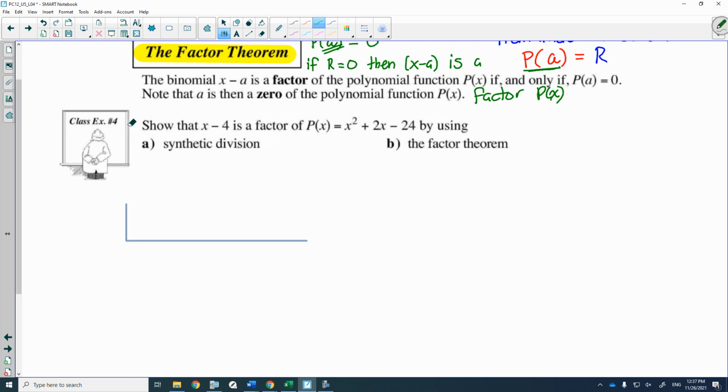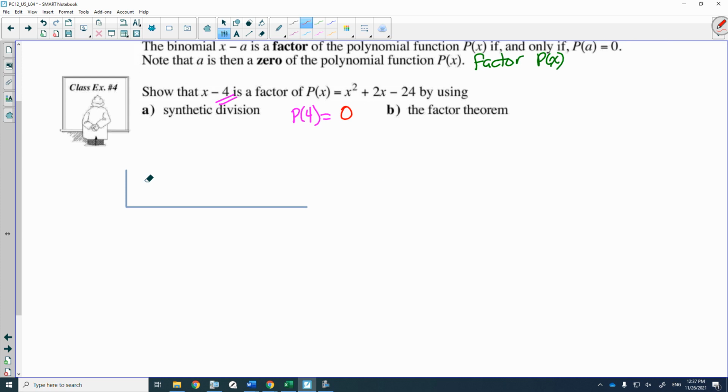Here's class example number 4. Show that this is a factor of this polynomial. So remember, if it is a factor, the root of the divisor is 4. If it is a factor, the remainder must be 0. We could show that using synthetic division and the factor theorem. If we were using synthetic division, again, upside down division bar, I don't need any zeros as placeholders, so let's write down the leading coefficients of each term.